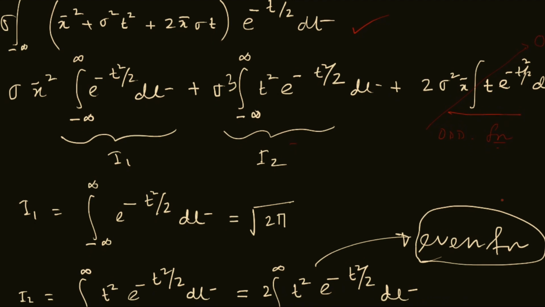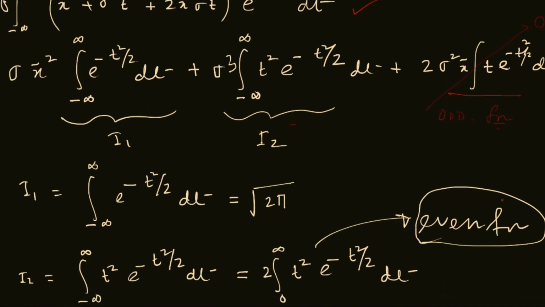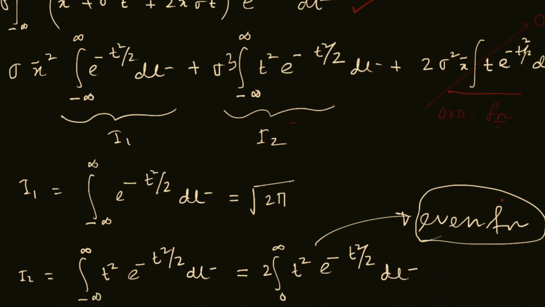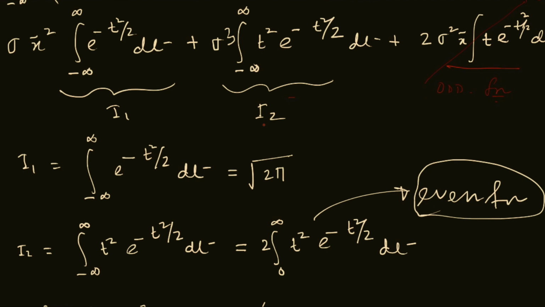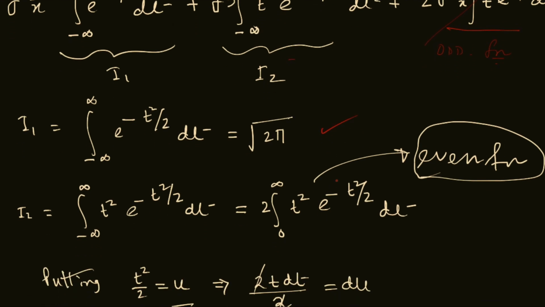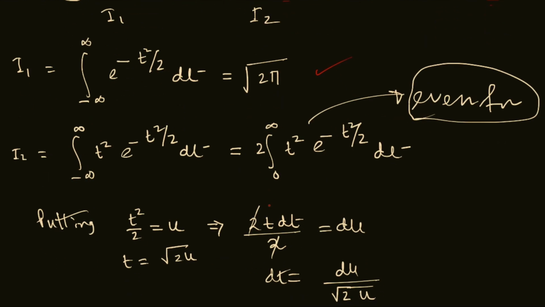You just pause the video and try to follow every step, I have worked it out. This is the integration I1, and this is I2. I1 is already root 2 pi, and I2 is an even function, so it becomes 0 to infinity.